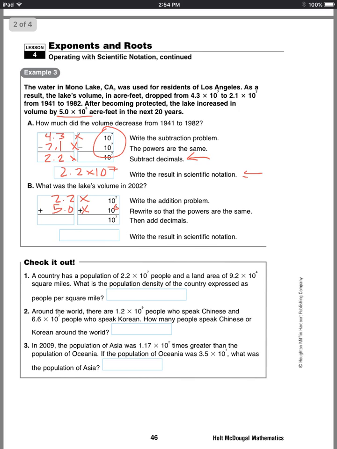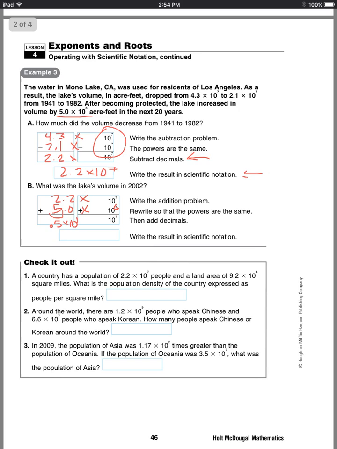Because our powers are different, we need to rewrite them so they are the same. In order to do that, we want to be able to add 1 to the 6. So I'm going to rewrite 5.0 as 0.5, and when I do that, that changes it times 10 to the 1st.